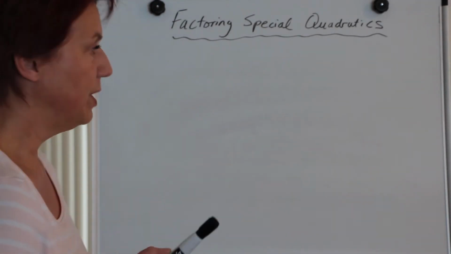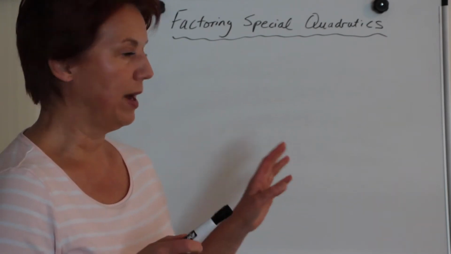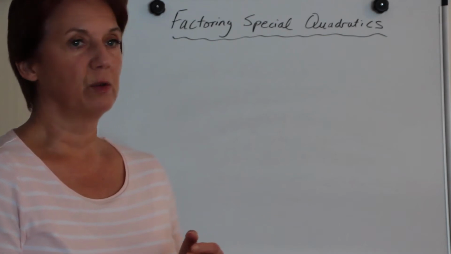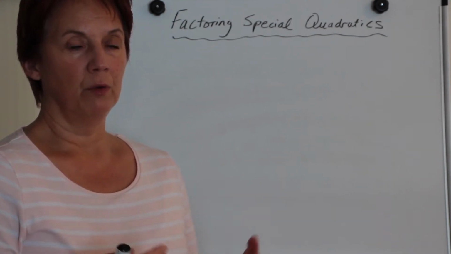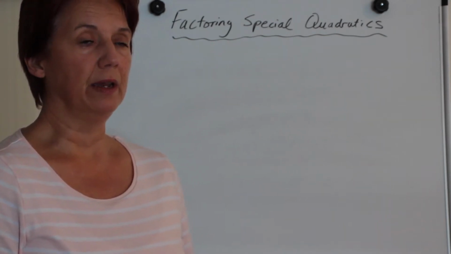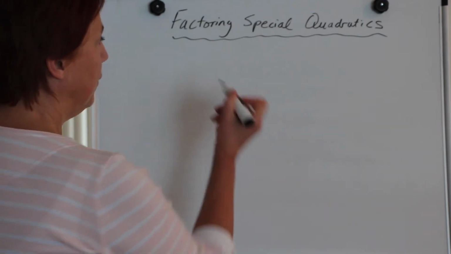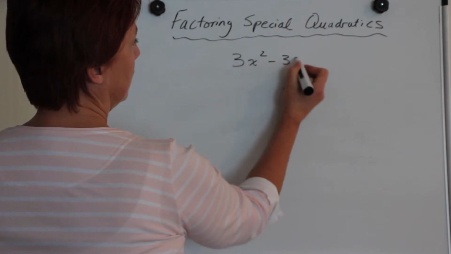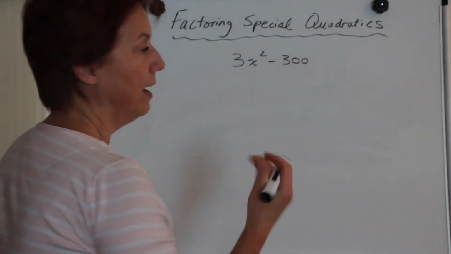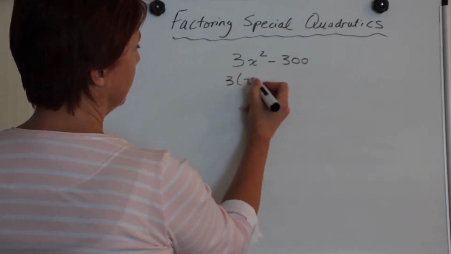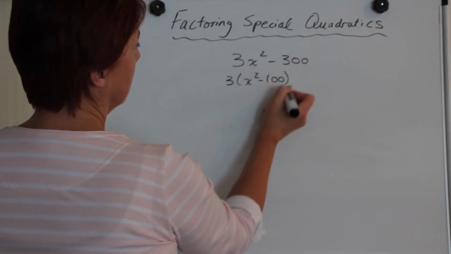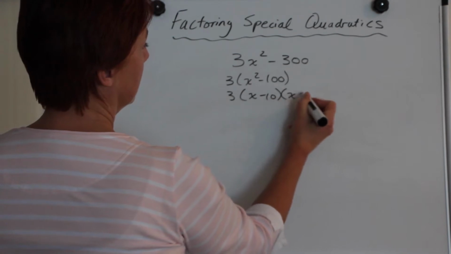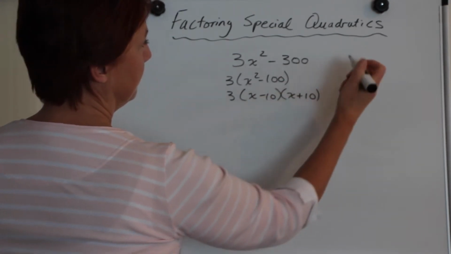So in the last video we talked about factoring special quadratics, x squared minus 9, 3x squared minus 300, which are forms of difference of squares, okay? And we talked about how if you have something in common to the two terms, you take out what's common first, and then you factor according to the difference of squares pattern, which is this.